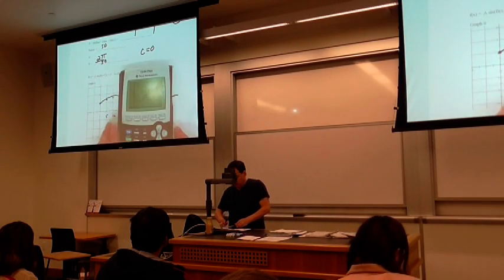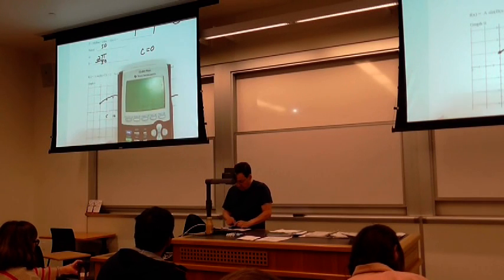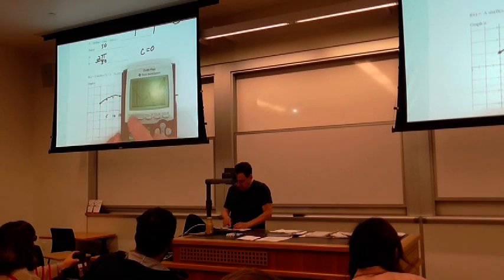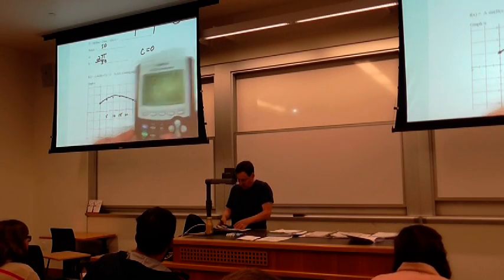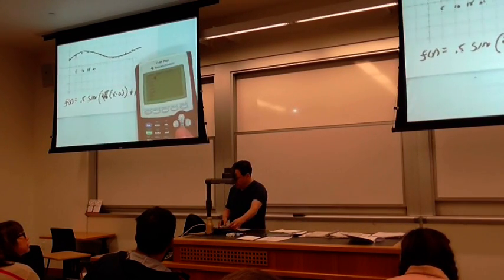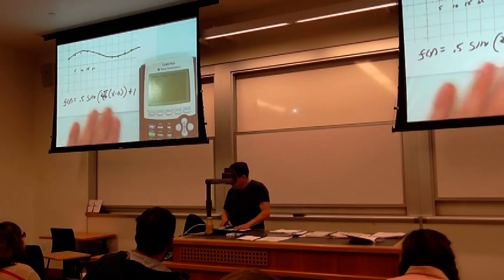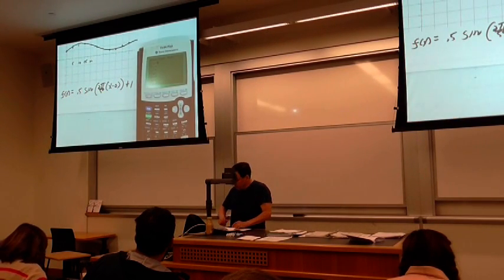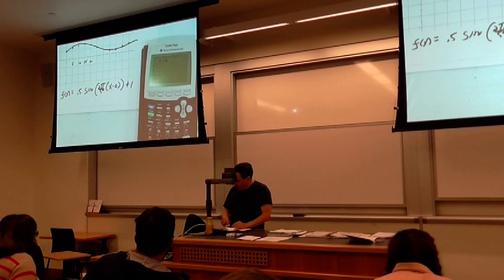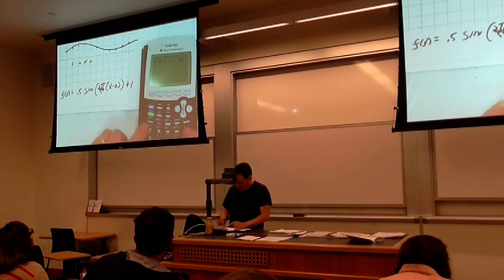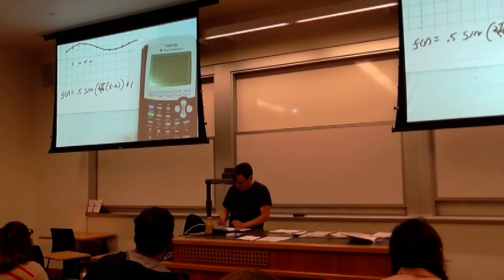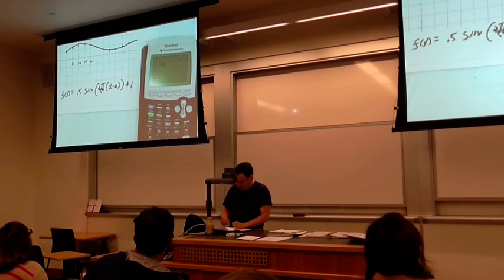So let's try looking at that function. 0.5 sine of pi divided by 25 times x plus 1.